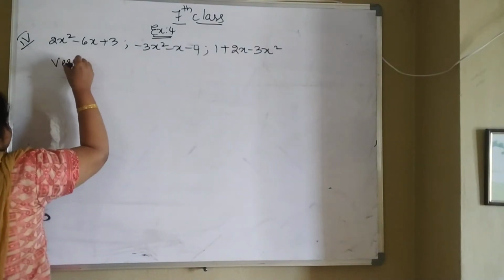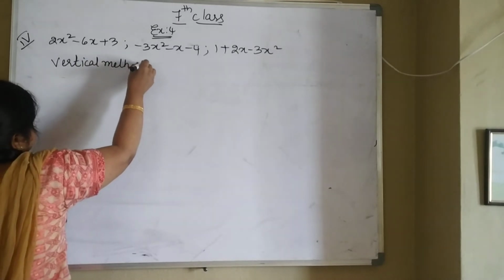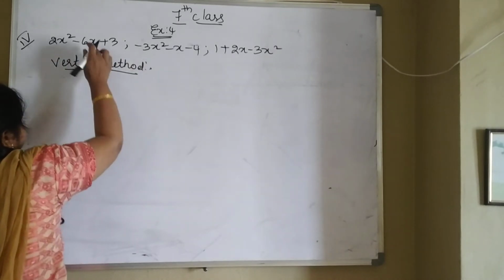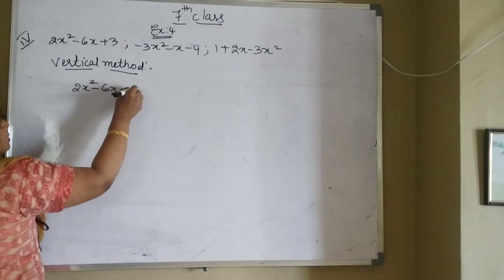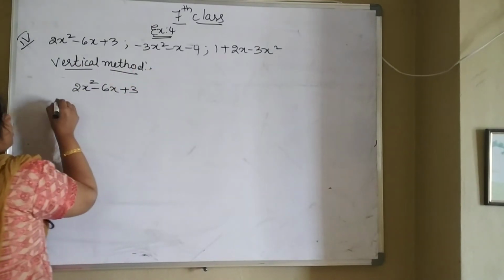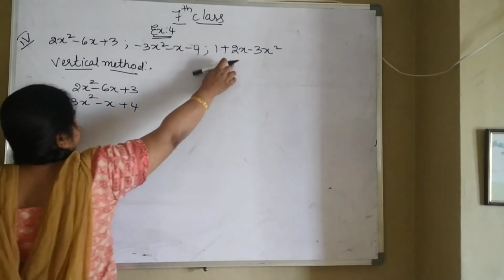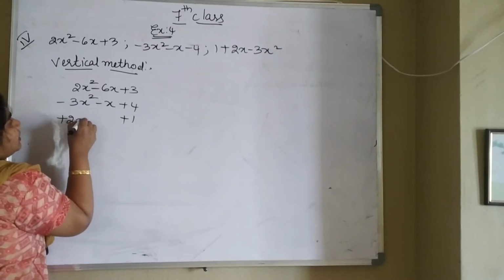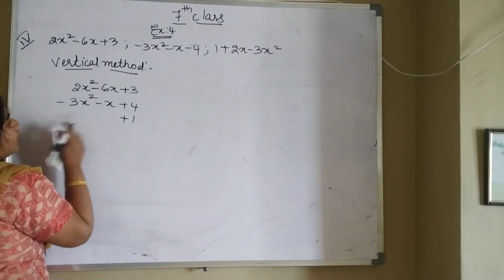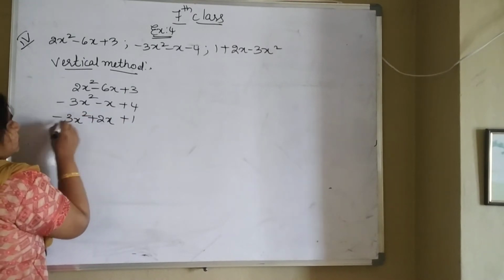First, the vertical method. So what is the first expression? 2x square minus 6x plus 3, and here also minus 3x square minus x plus 4. In this case, here plus 1, here plus 2x minus 3x square.